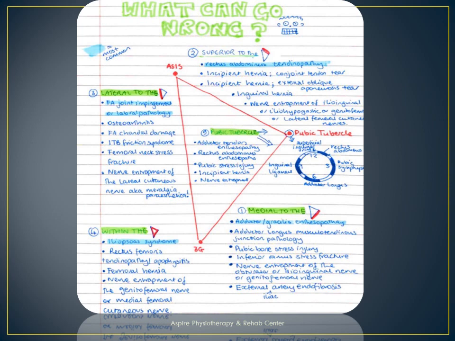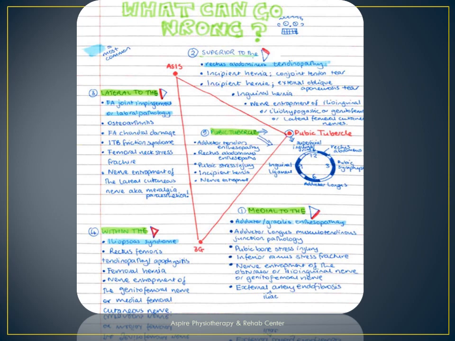What is more common is rectus abdominis tendinopathy. After that you can have incipient hernia, conjoint tendon tear. When we are referring to conjoint tendon tear, it is the conjoint tendon of your transverse abdominis and internal oblique muscle. Okay, then you have incipient hernia, external oblique aponeurosis tear. Then inguinal hernia.